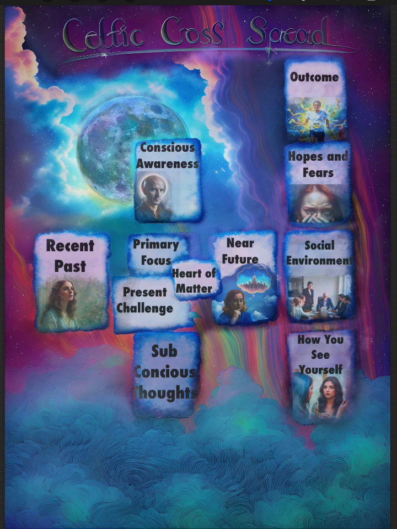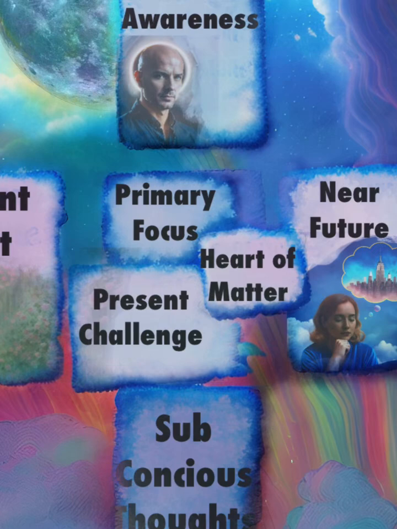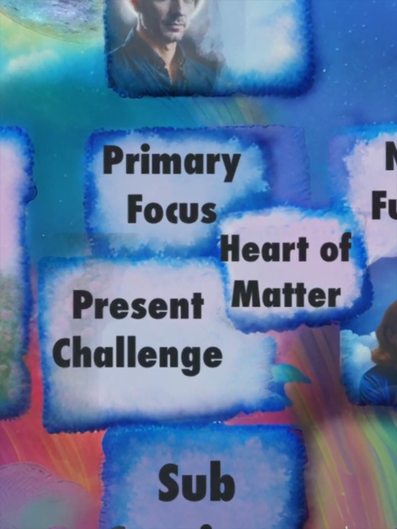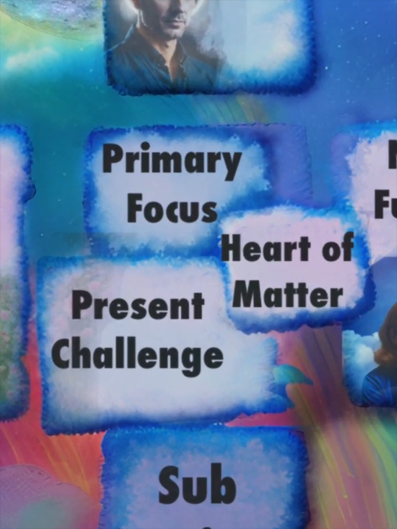We're going to start off in the center area, and this is the primary focus or heart of the matter. So there's two cards here. The first card tells me what is the main situation that's going on right now. Are you having a disagreement with somebody?